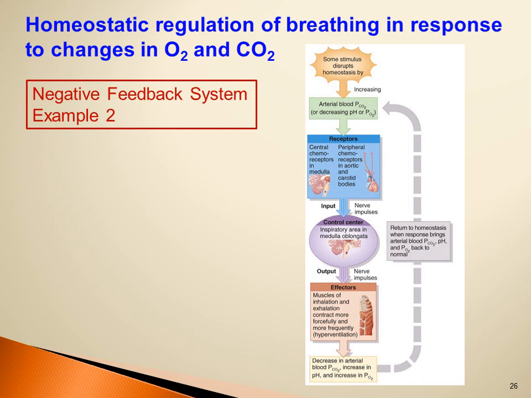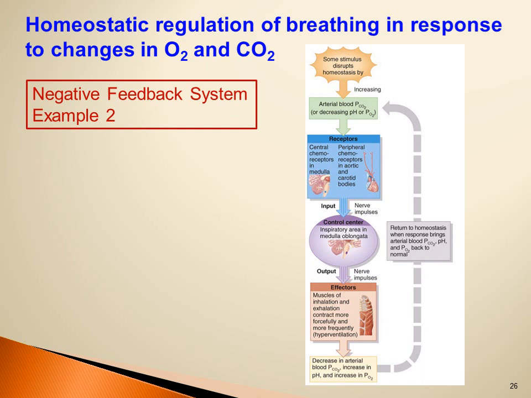So low oxygen and high carbon dioxide will stimulate peripheral and or central chemoreceptors, as you will study in detail inshallah in the respiratory system, and send information to the control center present in the inspiratory area of the medulla oblongata.